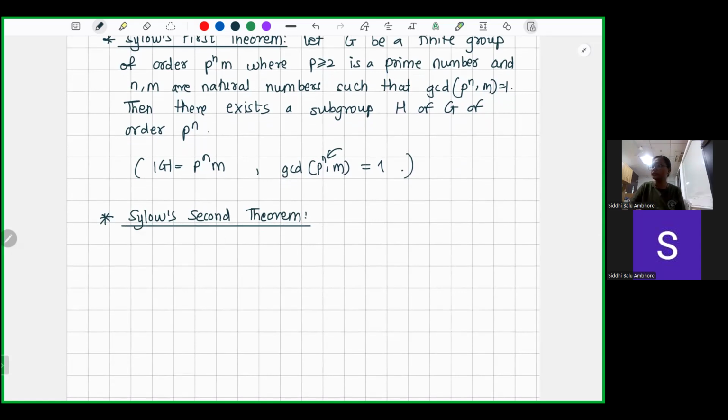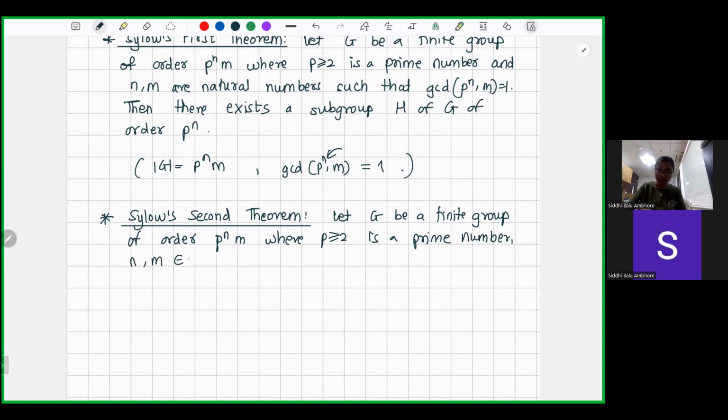Let G be a finite group of order p power n times m, where p greater than or equal to 2 is a prime number, m is a natural number, and the GCD of p power n and m is 1.